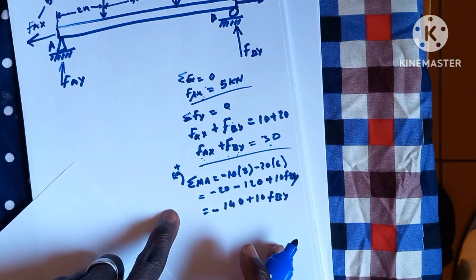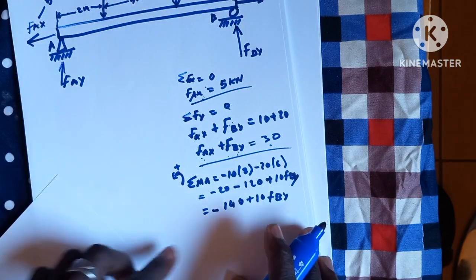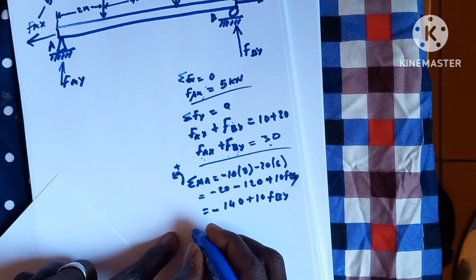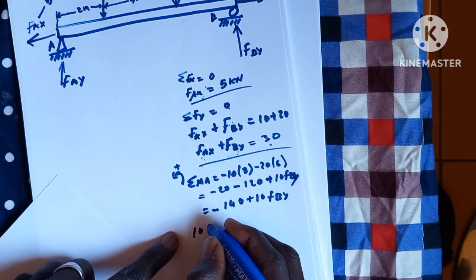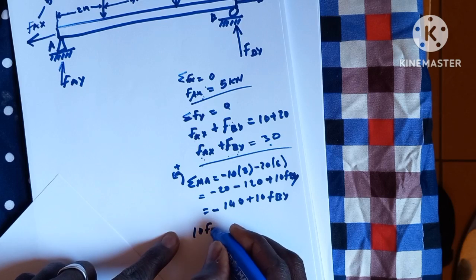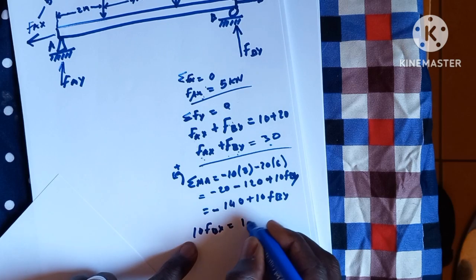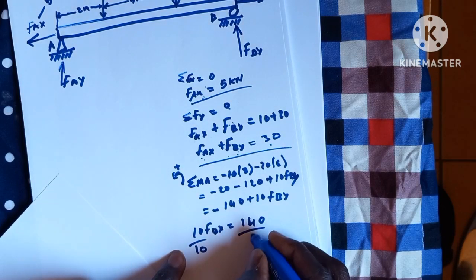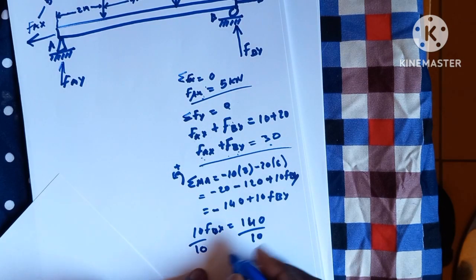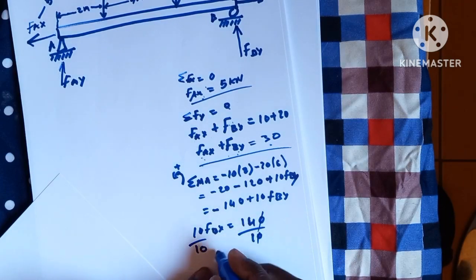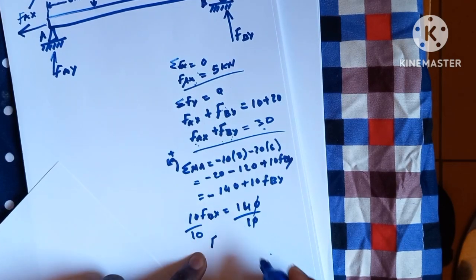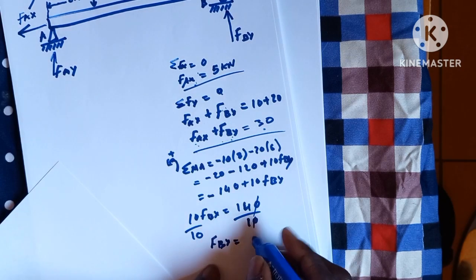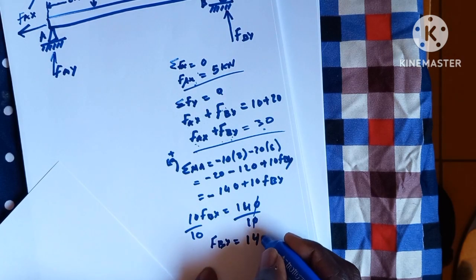So this is going to go across. We have 10 FBY is equal to 140. We can divide it by 10 here. So dividing this by 10, we're going to have FBY as 14 kilonewton.